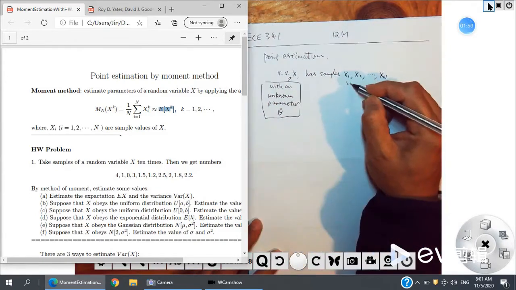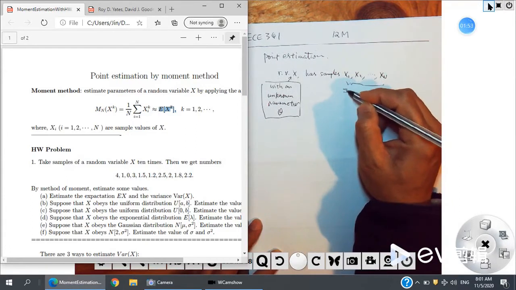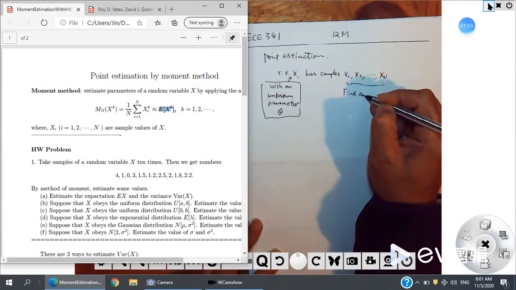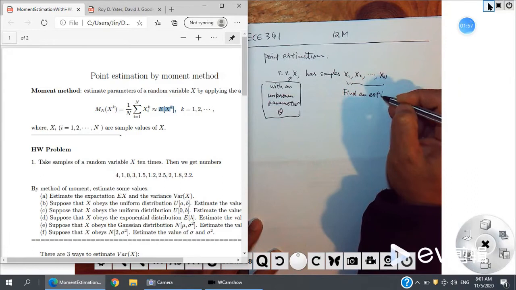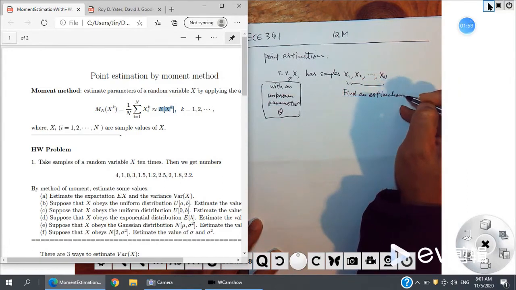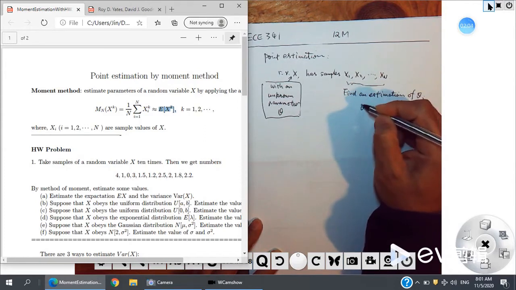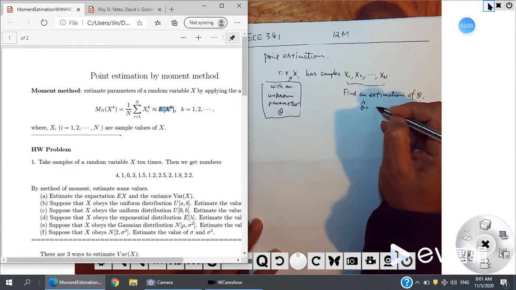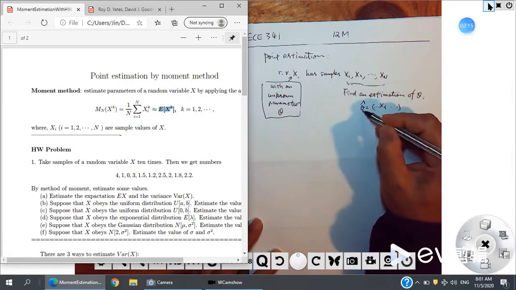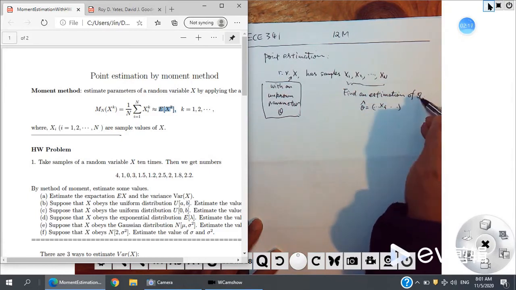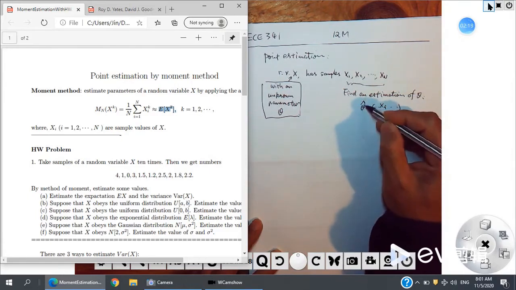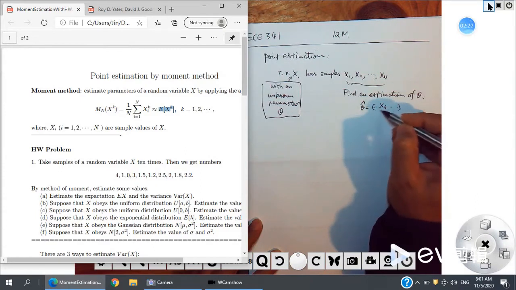Then we find an estimation of theta, theta hat equal to something. You use those xi's, do some calculation, and use theta hat as an estimator of theta. Theta hat is calculated based on those xi's.